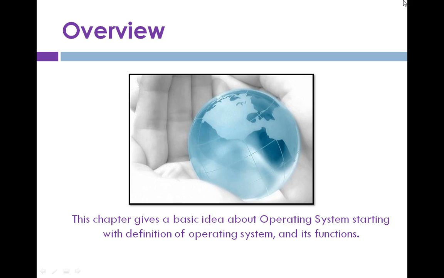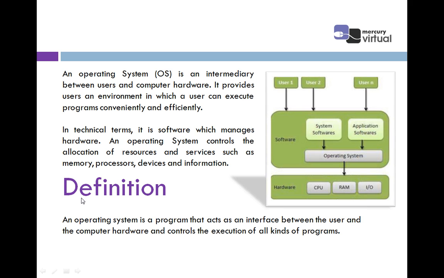First of all, we studied what is operating system, what is the definition of operating system. Means our operating system is the interface between the user and the hardware and controls the execution of all kinds of programs. Then we saw the diagram of operating system.